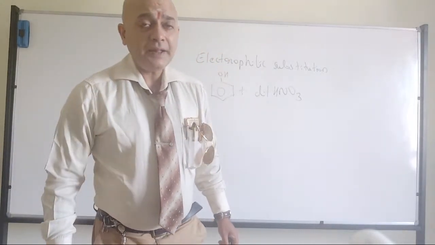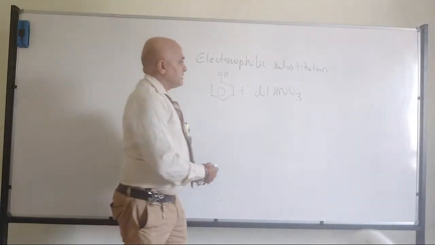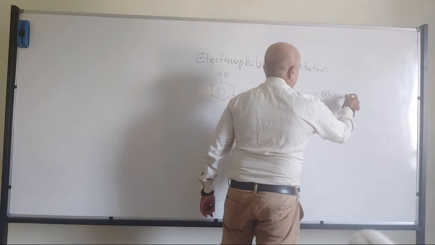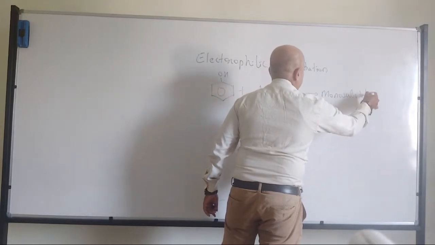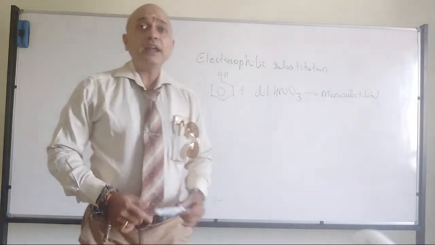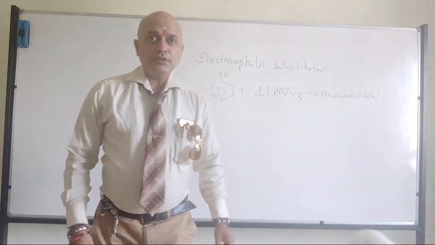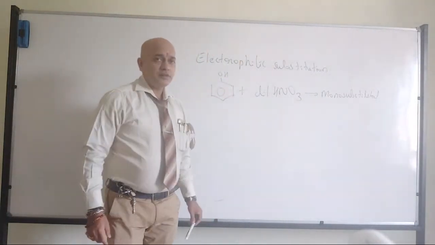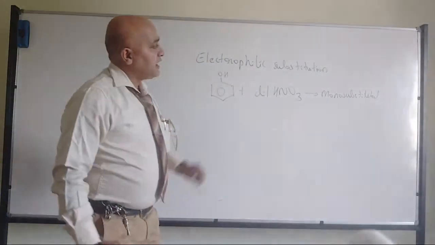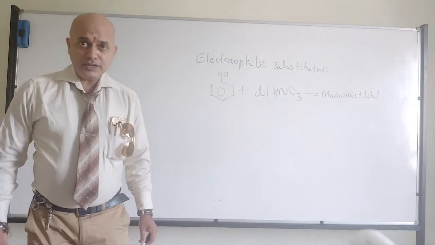Here it is only dilute HNO3. So we get the mono substituted product, with the nitro group at the ortho and para positions.